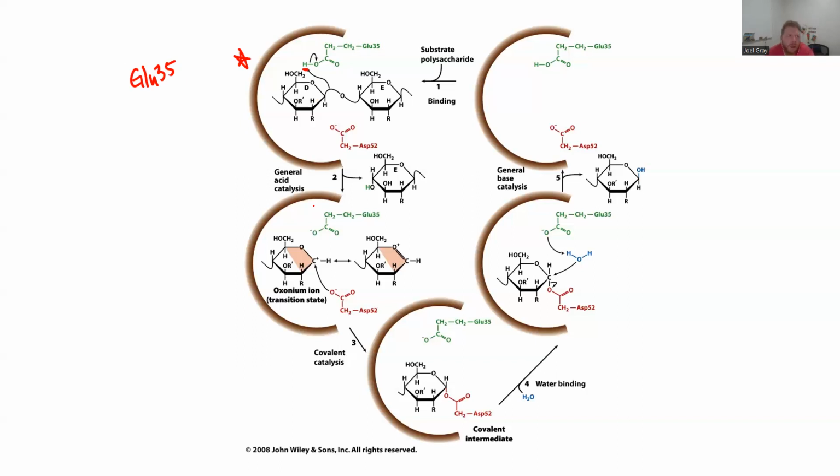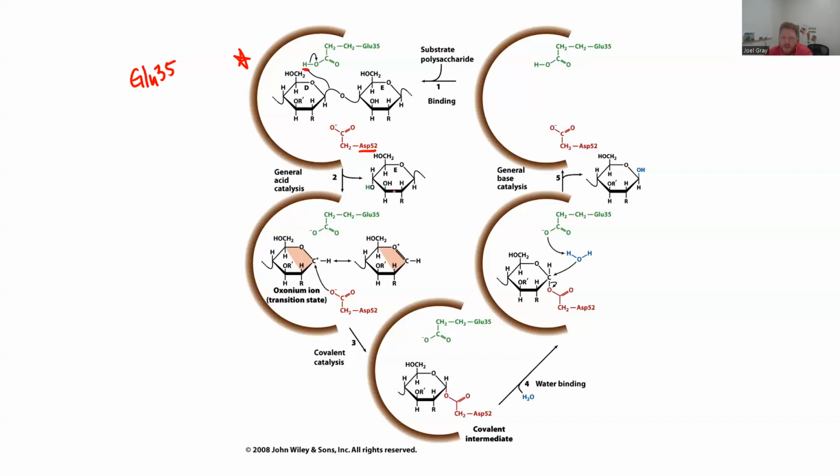If this somehow were the end of the mechanism, it really wouldn't be covalent catalysis because we didn't see a covalent bond formed between our enzyme and our substrate. We saw our enzyme donate a proton. So let's take a closer look. We have aspartate 52, which is deprotonated, which is why I'm saying aspartate and not aspartic acid.